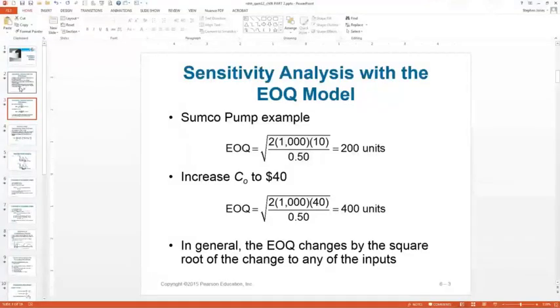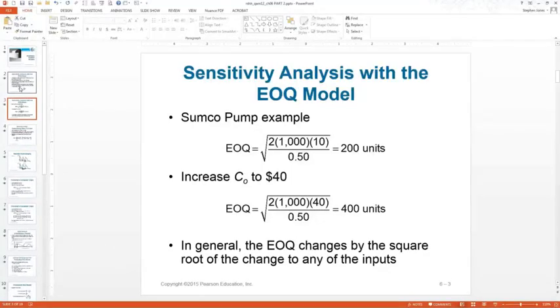Notice that has some increase in our economic order quantity, from 200 units to 400 units. That seems like a lot. It's not that much, but it seems like a lot. We have increased our ordering cost by 4 times, whereas we only doubled the size of our economic order quantity.